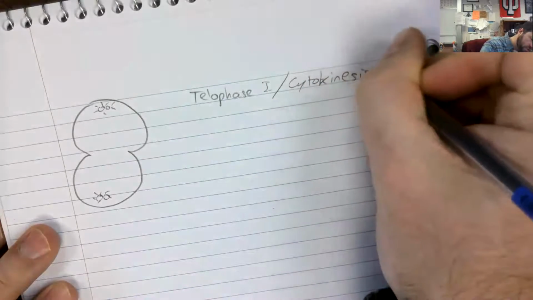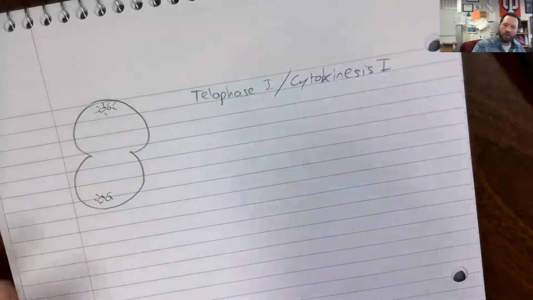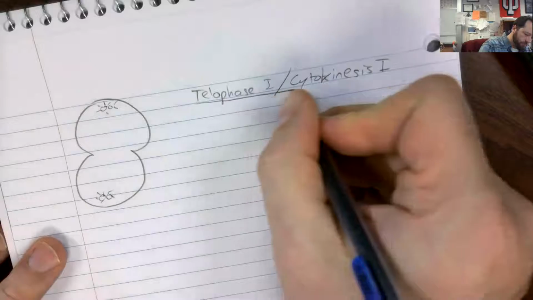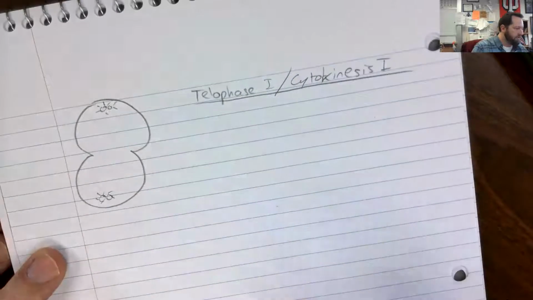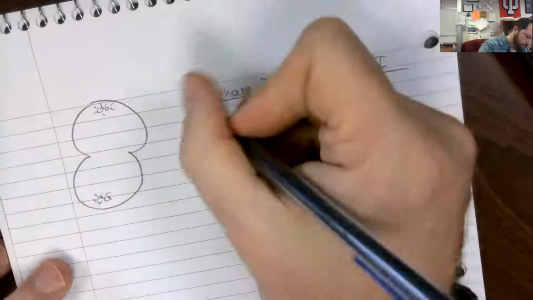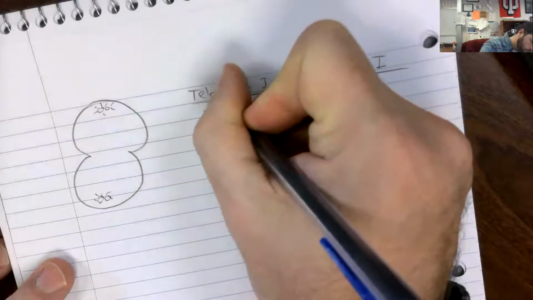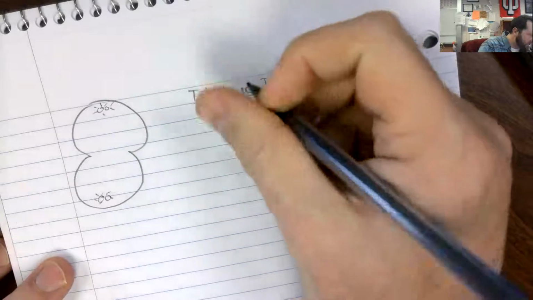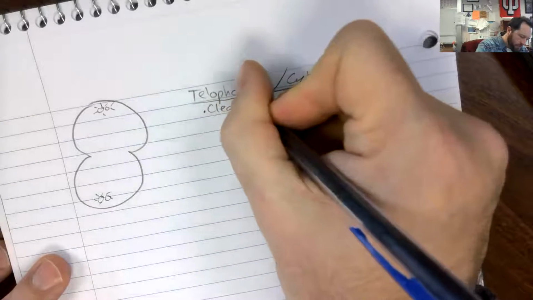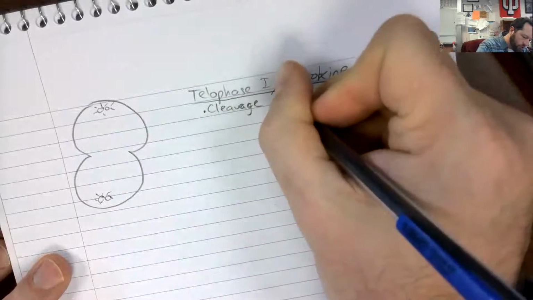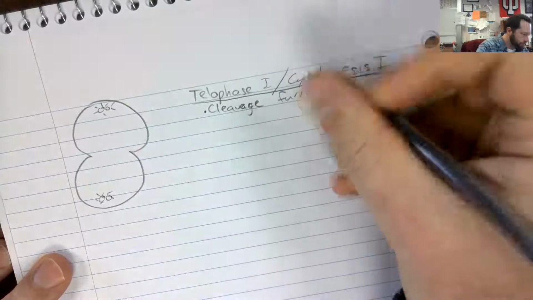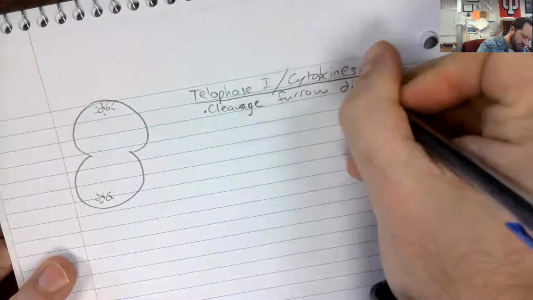They're kind of occurring at the same time, just like they were in mitosis. So telophase 1, cytokinesis 1. And very similar to mitosis, we're going to have the cleavage furrow divide the cells.